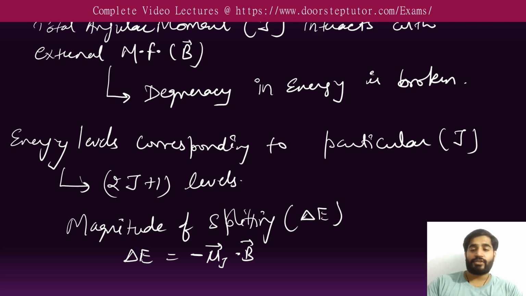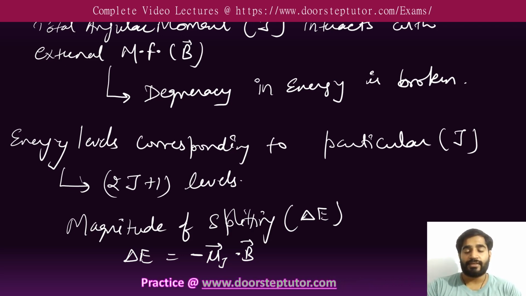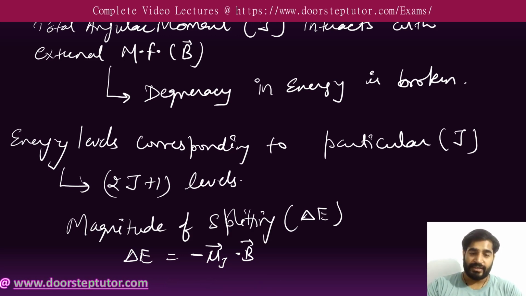And mu J is, as I told you, the magnetic moment corresponding to the total angular momentum J. That's why we denoted it as mu J. So this is the basic thing for the Zeeman effect.